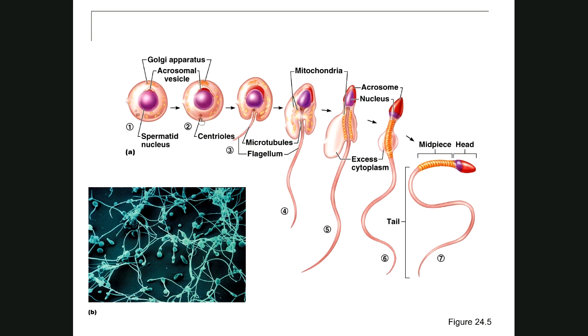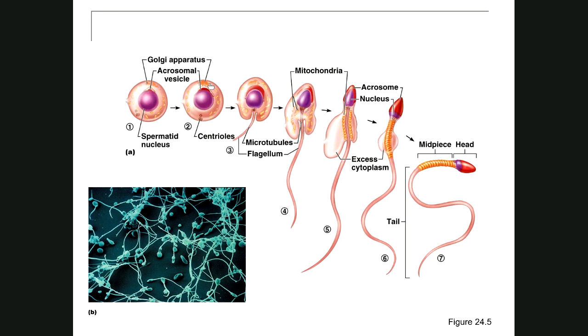In the other pole of the cell, we have the making of some vesicles. These vesicles are made by the Golgi apparatus. These vesicles contain many digestive enzymes.